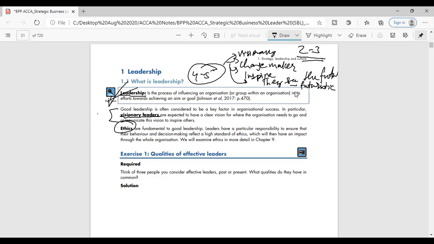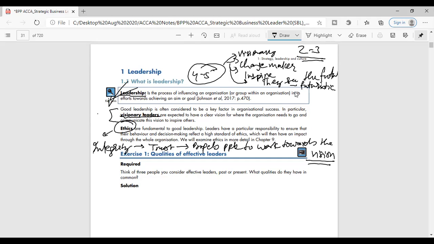Of course, ethics or even integrity is fundamental to good leadership, because then it will generate trust, right? Trust propels people to work towards the vision.